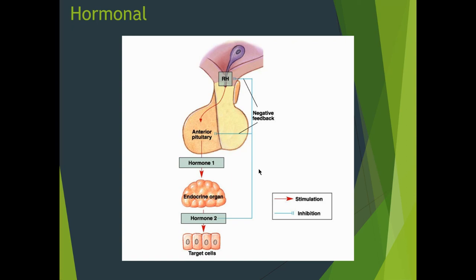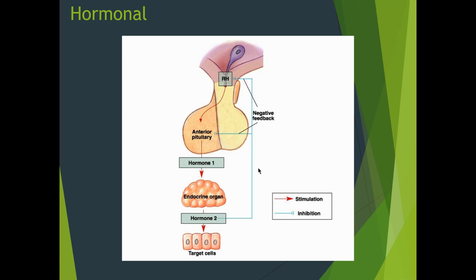So look at this one, and you can see sort of the generic hormonal control. There's our hypothalamus up at the top, and then there's the pituitary, and then there's our endocrine gland, whatever it is, and finally there's the target cells. So we start with RH, that's our releasing hormone. That goes to the pituitary, which releases its own hormone, which is hormone 1.